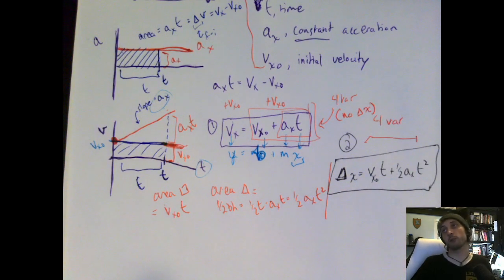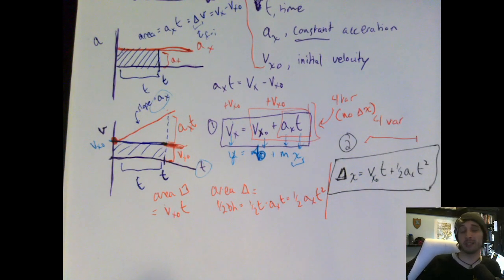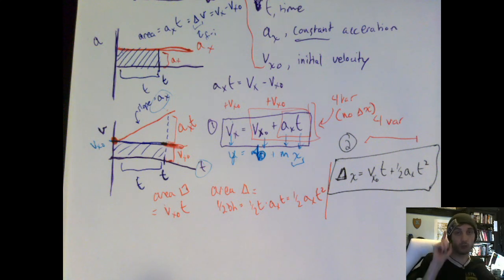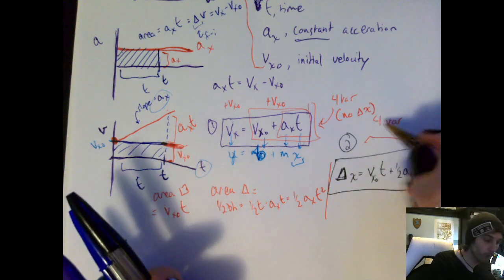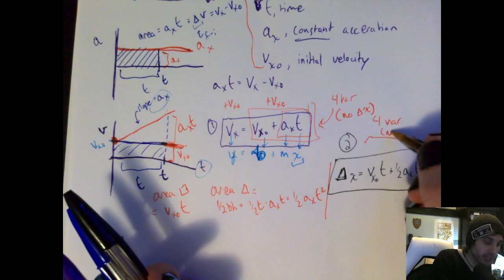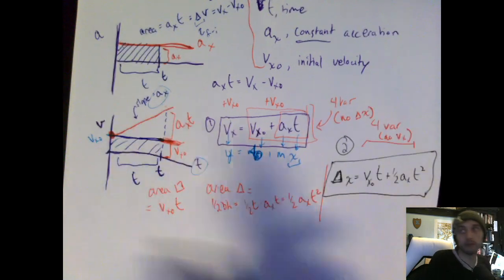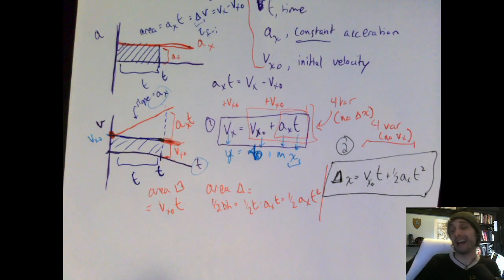So if you are asked for a problem that does not include displacement, you're not trying to find it and you're not given it, that first equation is really nice because it means you only have to use one equation. If we come over here, this one's got no Vx. So if you don't know the final velocity and you're not asked about the final velocity and you don't care about the final velocity, well, this is it.